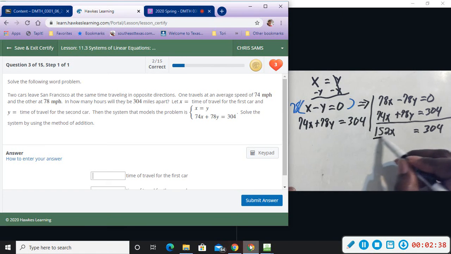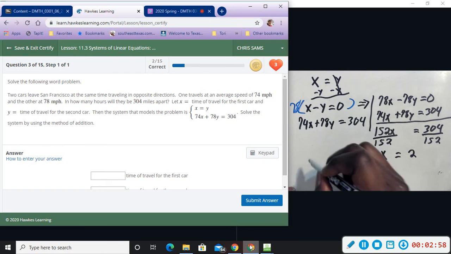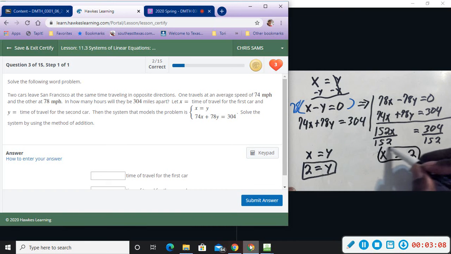All right, so now we're going to divide by 152, and we will get x equals 2. All right, and all we have to do is plug this into our original equation, one of them, and this one seems like it's the easiest one, x equals y. So you plug in x equals 2, and we get y equals 2 as well. So we get our x value and our y value.